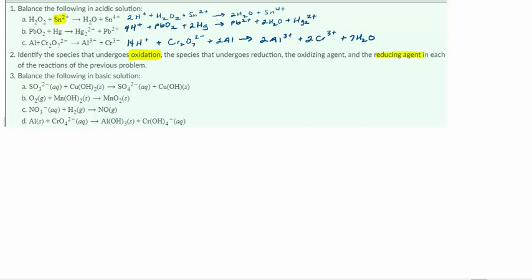Then, of course, the species that underwent reduction, which is also the oxidizing agent, is going to be the hydrogen peroxide. So for B, we had the mercury, which went from a 0 to a +2, so that was our oxidation, which is also the reducing agent.